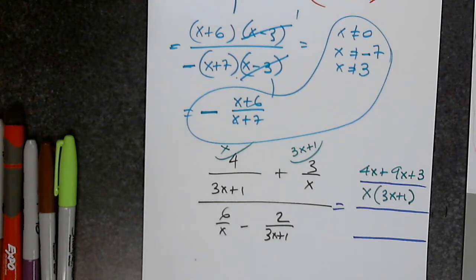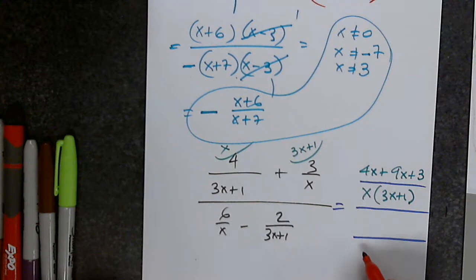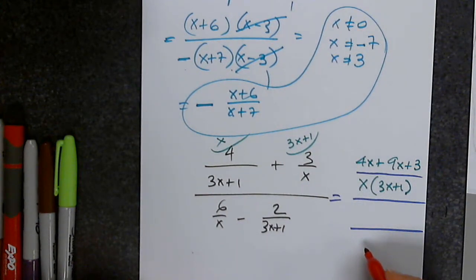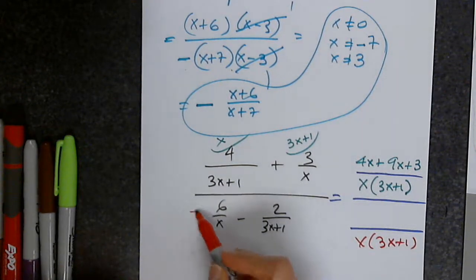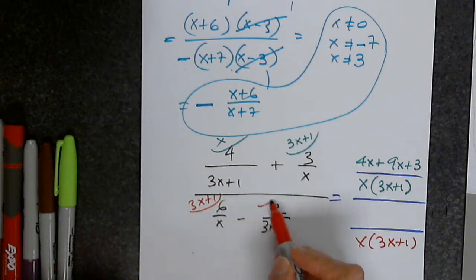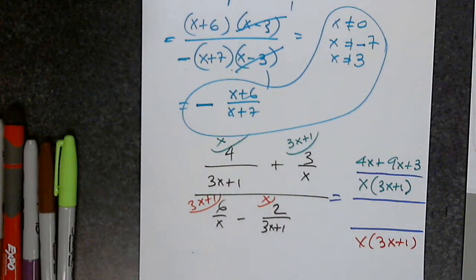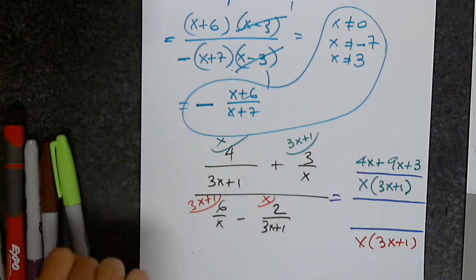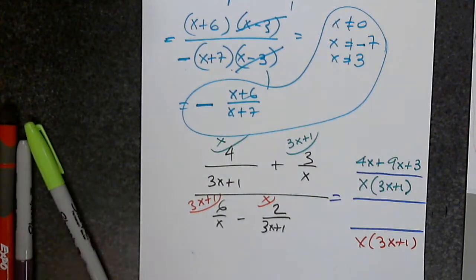What about the LCD of the denominator? Good. So the same thing, 3x plus 1 and x. So can anyone give us the top of the bottom, the denominator?